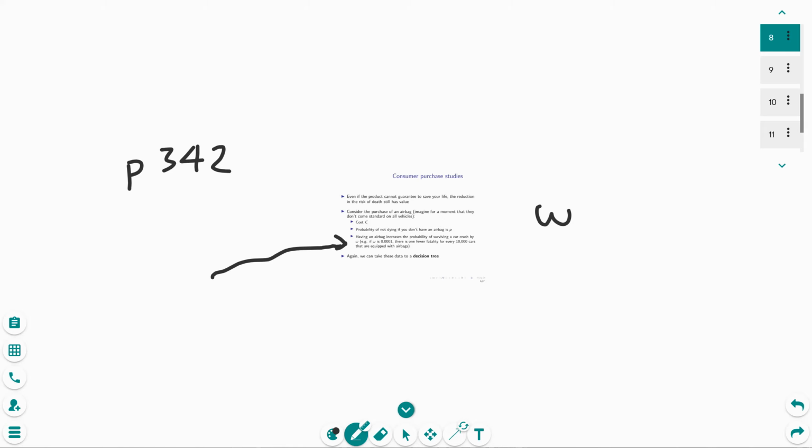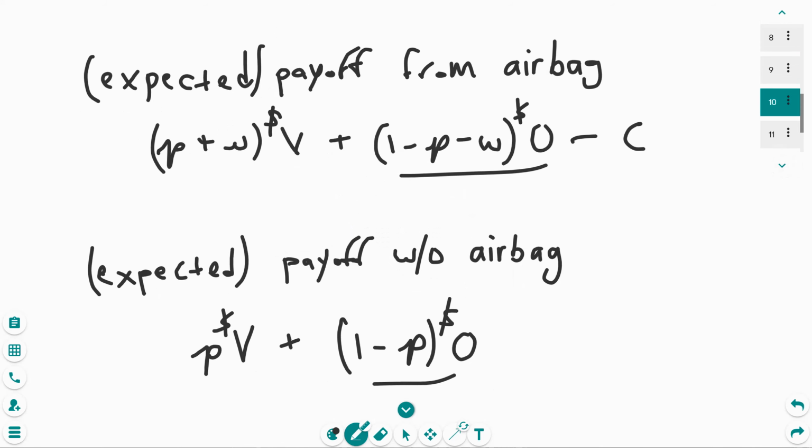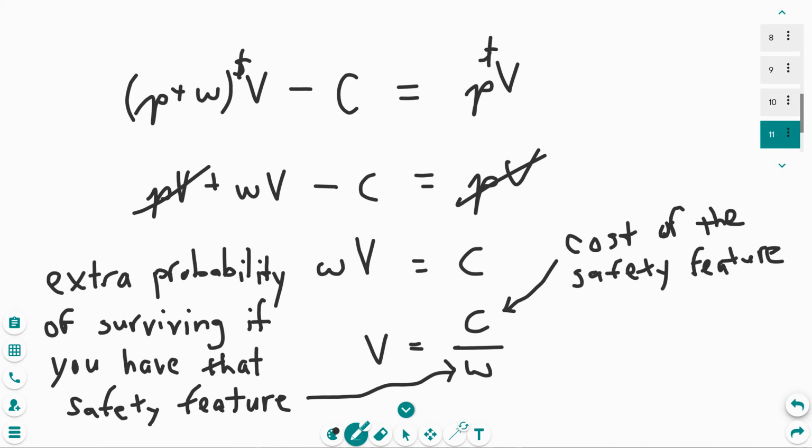So for every 10,000 cars that are equipped with airbags, there's one fewer automobile fatality. That's what this omega is indicating. And so that omega is the amount that you reduce your risk of death by having that safety feature, in this case, the airbag.